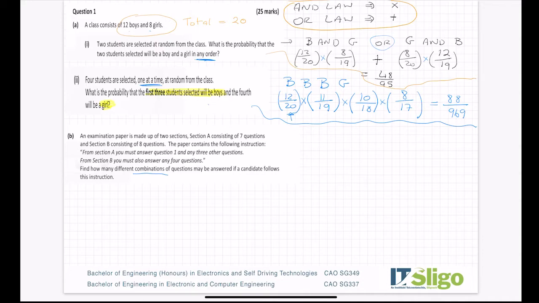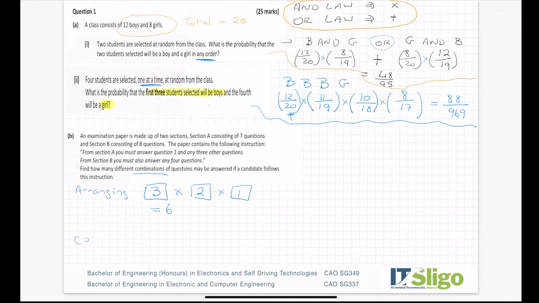Well, if I was arranging books on a shelf and I had 3 Harry Potter books, for example, I could put any of the 3 first. I then would have 1 in place, then I would have 2 remaining, and then I would have 1. So I had 6 possible ways of arranging those 3 books. So that's what we call a permutation.